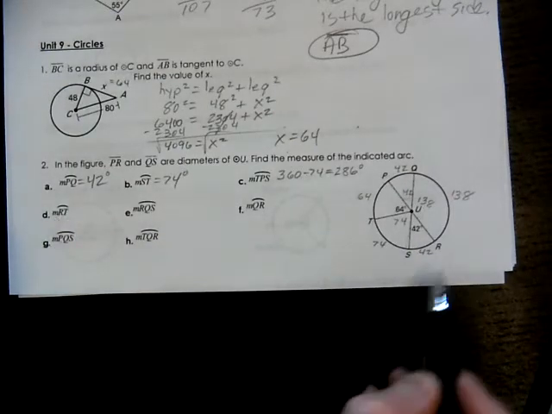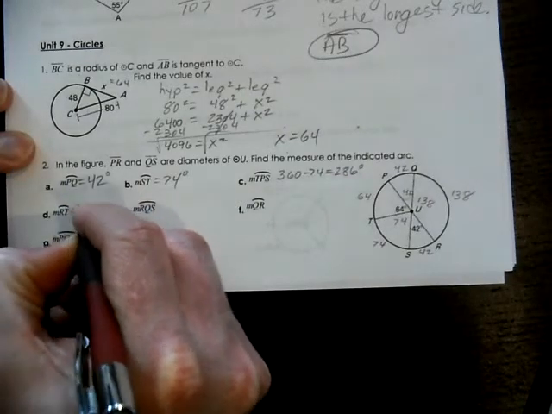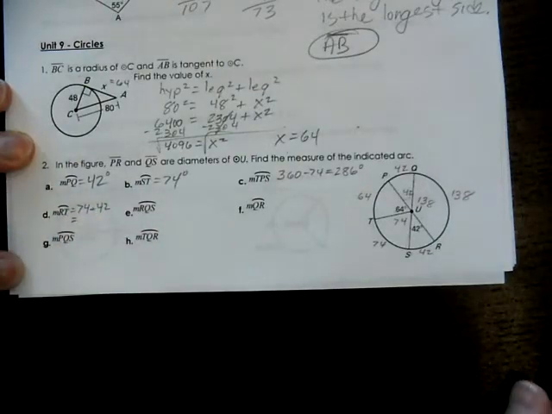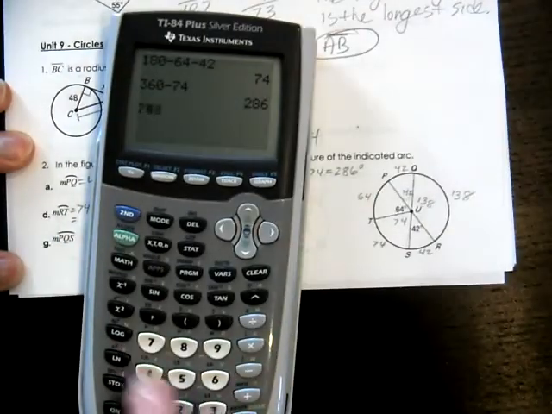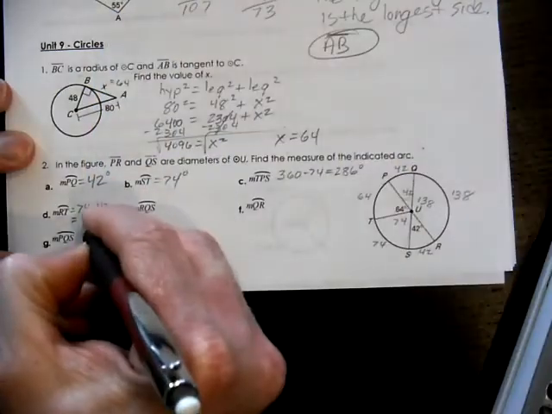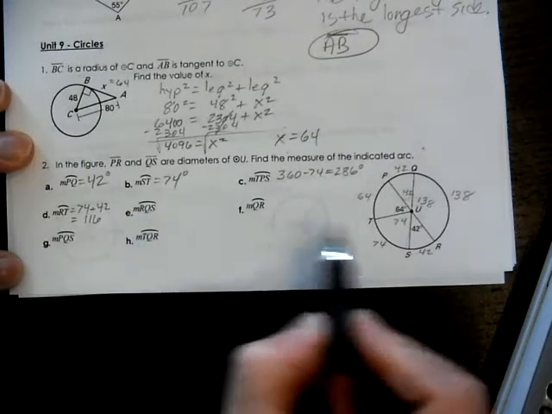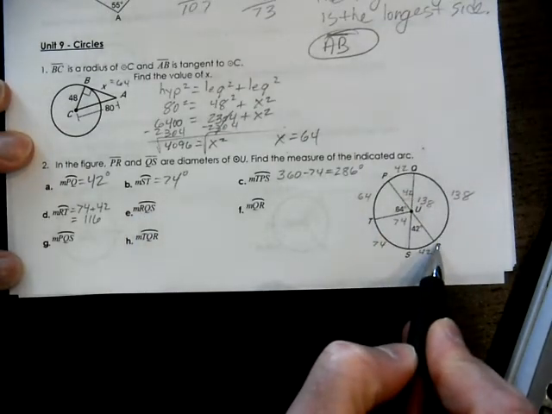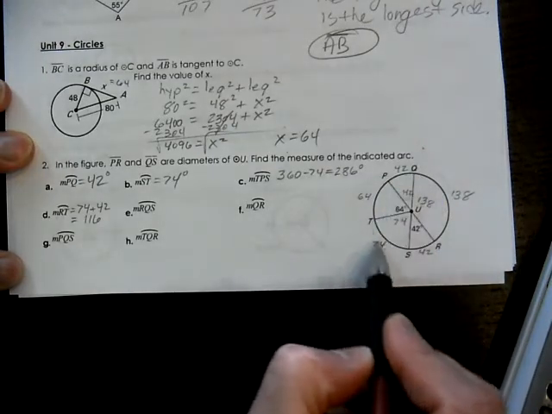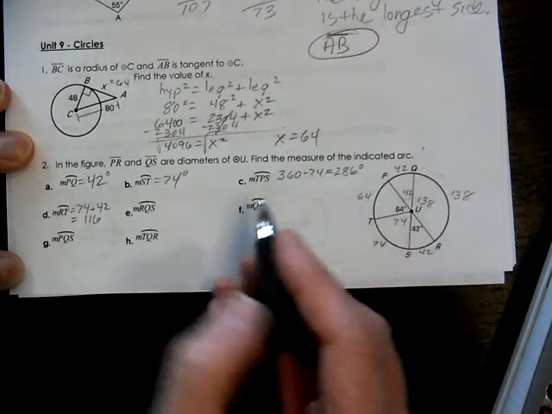RT is adding up your two values together. 74 plus 42. You get 116. RQS, RQ, then S. So it's everything but the 42.